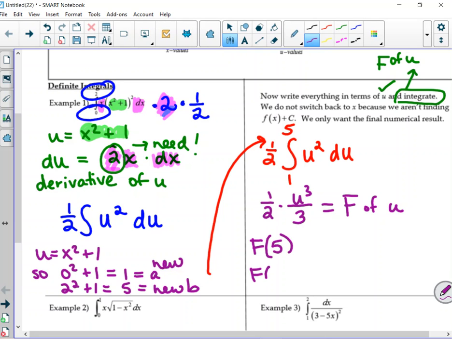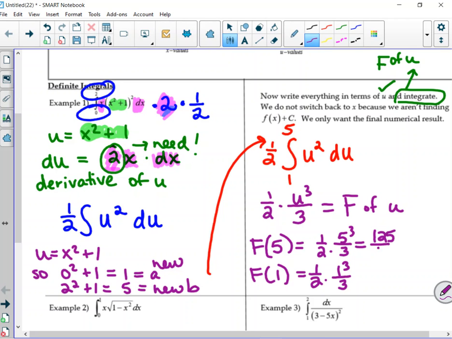So I'm going to do big F of 5 and big F of 1, because that's what you do in an antiderivative fundamental theorem problem: you plug stuff into the antiderivative. So my numbers to plug in are 5 and 1.